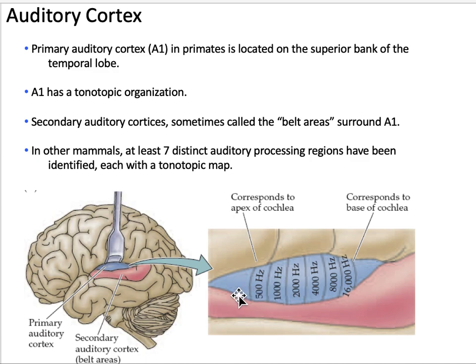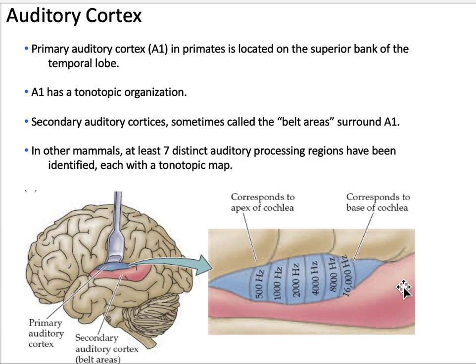So when we saw the somatotopic mapping in the primary sensory cortex, and a retinotopic mapping in the visual cortex, well, here we have a tonotopic mapping, meaning that frequencies that are similar are nearby each other. So here they're showing that by 500, 1,000, 2,000. So you have a smooth ordering of frequency sensitivity or tuning in the primary auditory cortex.